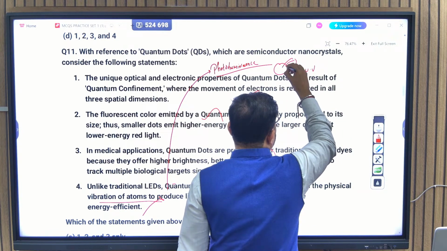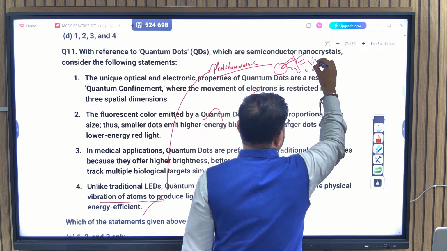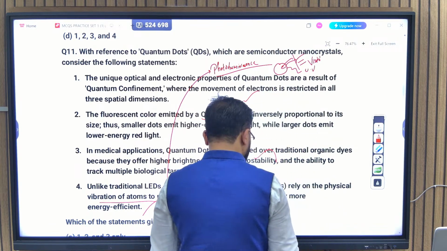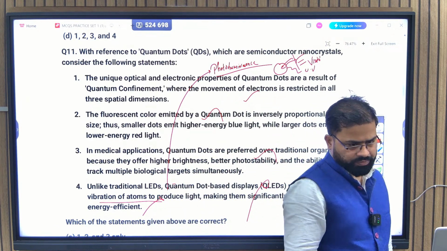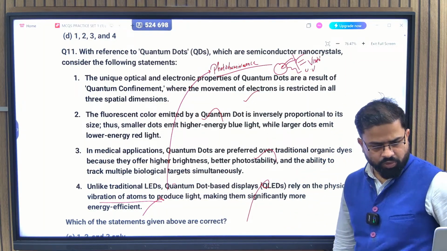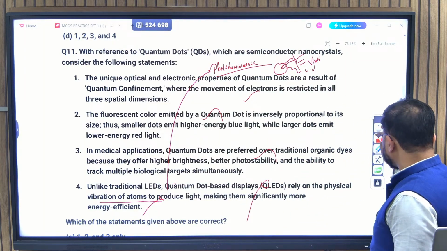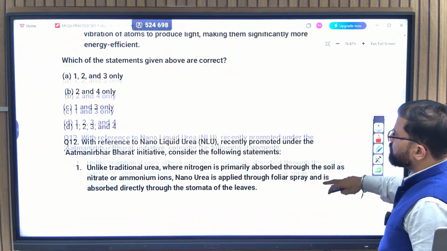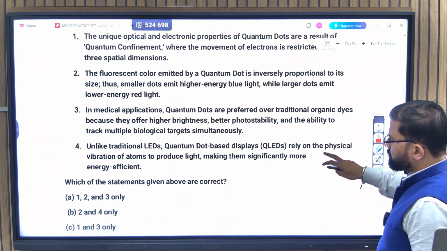Again, the electron will come back to its ground state and release fluorescent color in the visible light. This phenomenon is called photoluminescence. So this statement is wrong. Yes, it is electroluminescence. Very good. So the answer will be 1, 2, and 3.